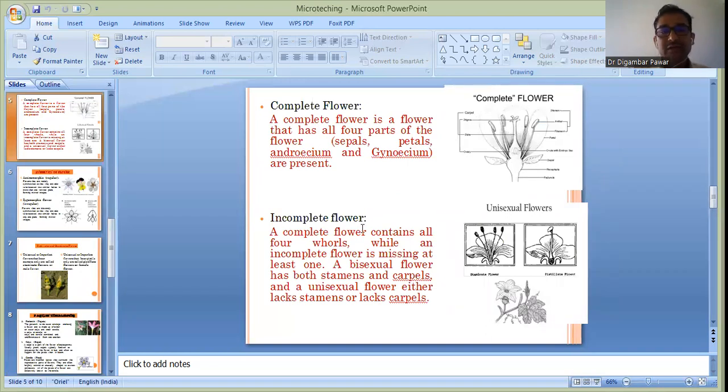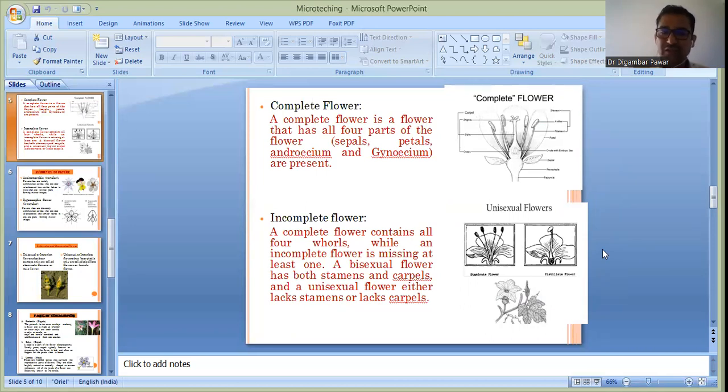What is an incomplete flower? A complete flower contains all four whorls, while an incomplete flower is missing at least one. Like here you can see, the carpels of the gynoecium are missing, and here the stamens are missing, meaning at least one part, like calyx, corolla, androecium, or gynoecium, is missing.